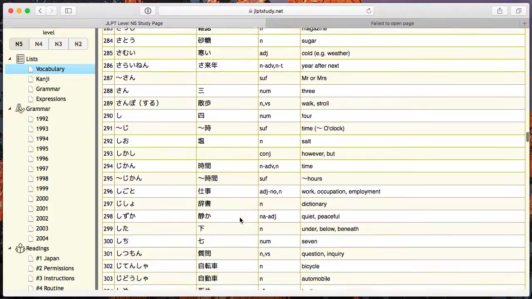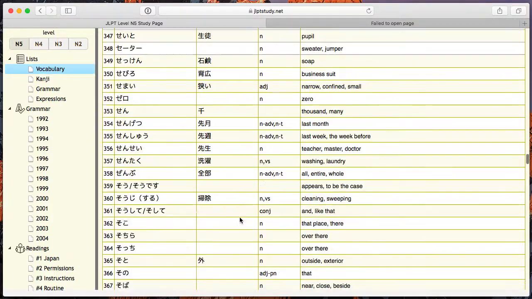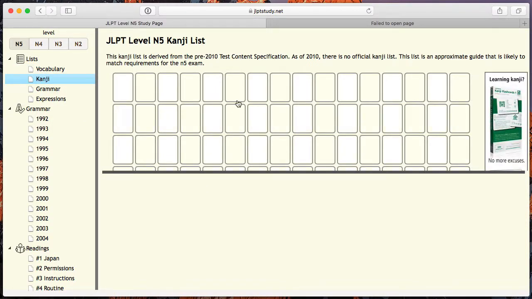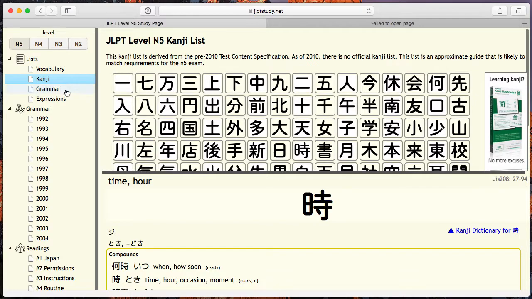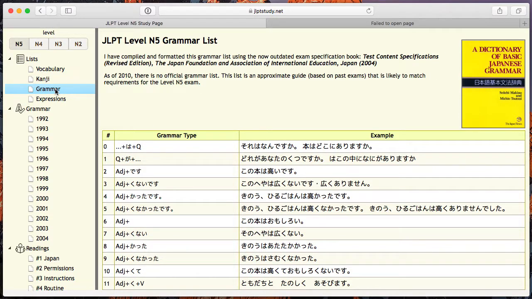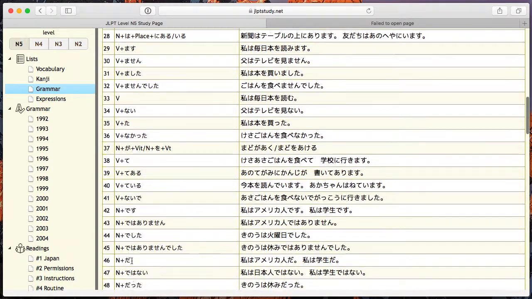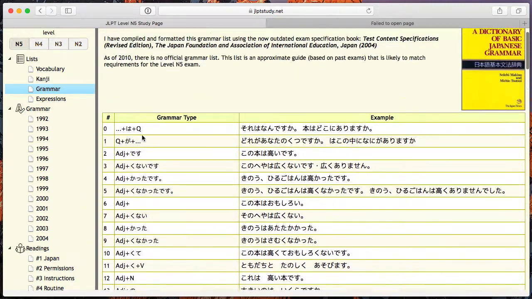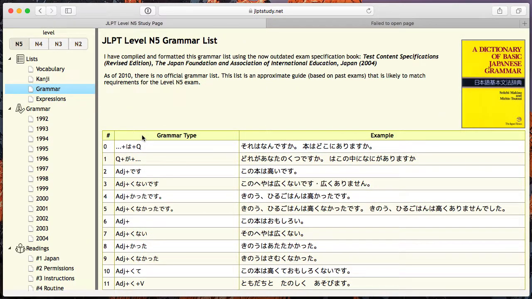So these are all the words in the N5 level test. And you'll also see a list, a pretty small list of kanji that you need to know for this test. And then this is the one that is particularly interesting to me for this project, the grammar list. So this is a whole bunch of grammar rules that are described over here, and then an example sentence or two for each of those grammar rules.